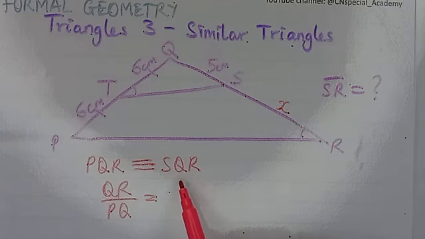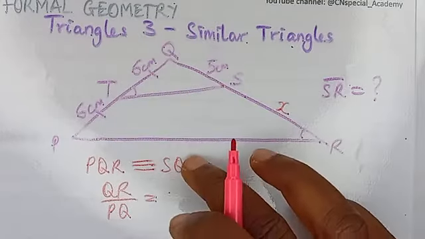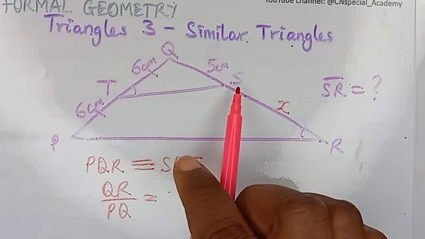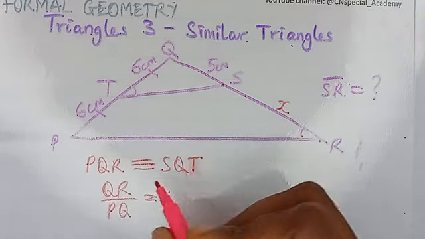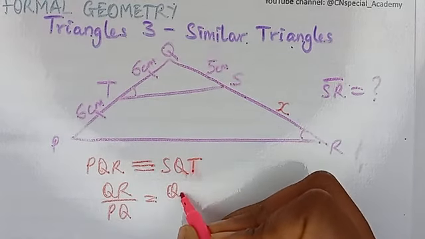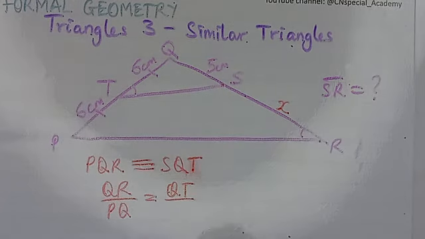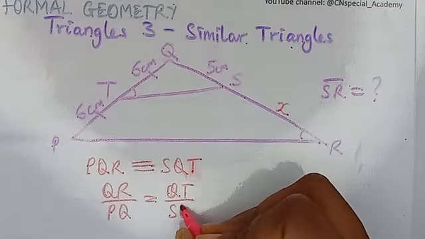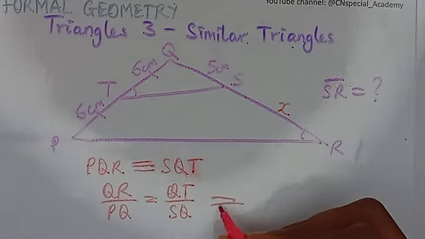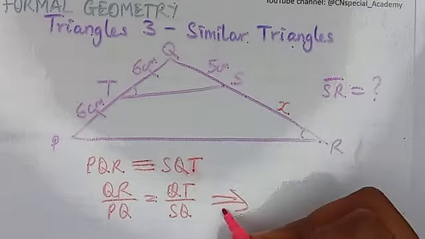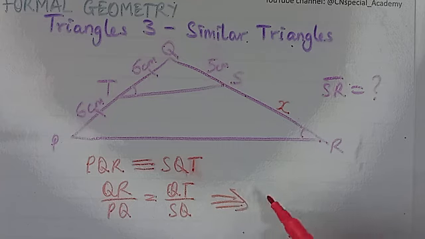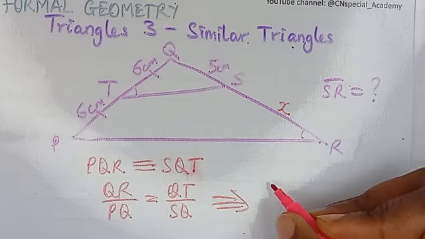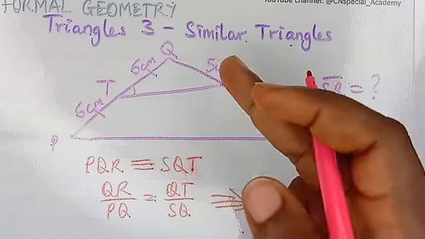Therefore, what did I say? It's SQT, please. Oh, my bad. So SQT. So we have QR, therefore QT, over, we said PQ, that means we are talking about SQ accordingly. So now the value QR is equal to 5 plus X, or we could just let it remain QR, then when we find the length, we take away 5 from it.